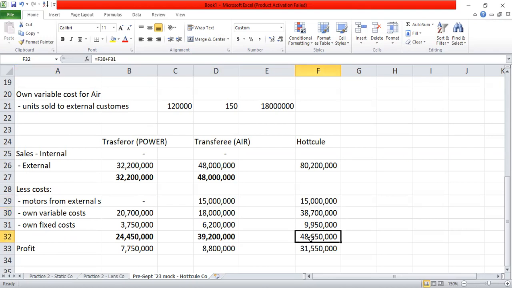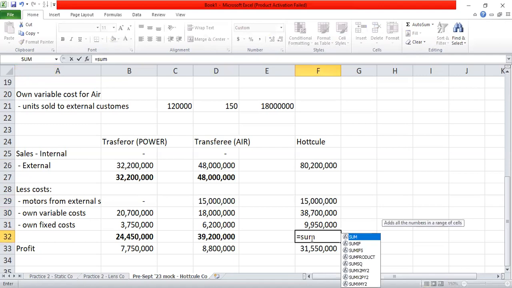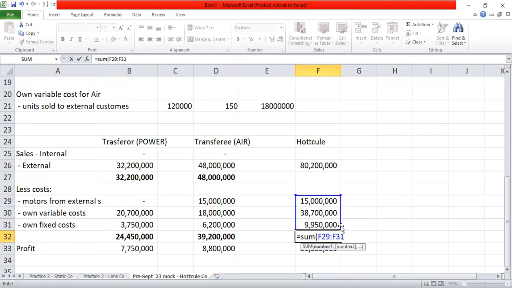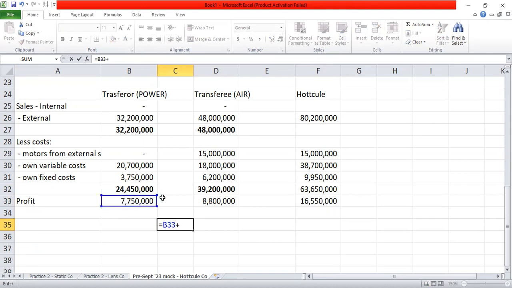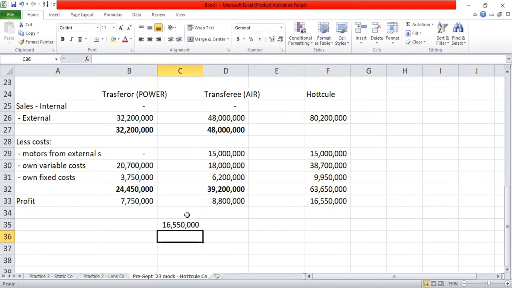So this becomes that. So profit goes down to 16,550,000, which is the same as Power's profit plus S's profit. 16,550,000. Yeah.